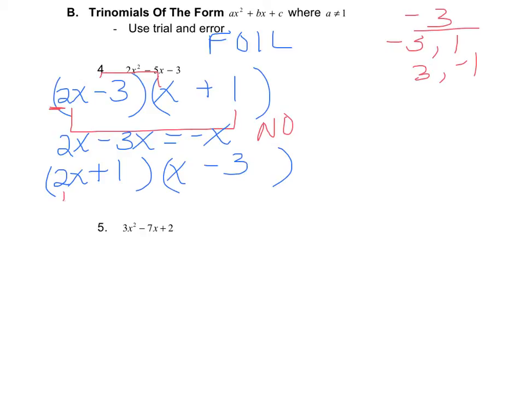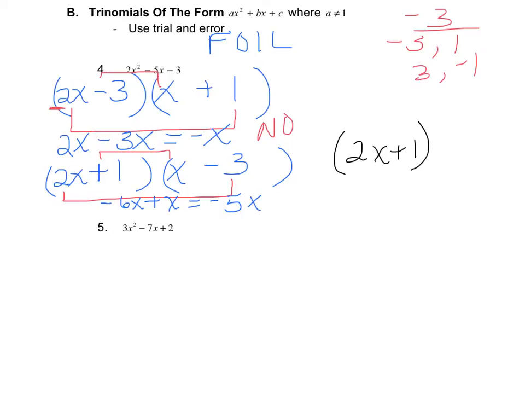I'll do outer and inner to see if I got it. So I have negative 6x plus x gives me a negative 5x. And that's exactly what I wanted, so I did get it.